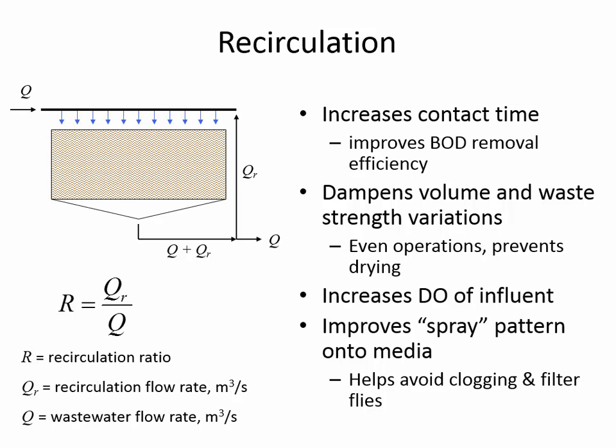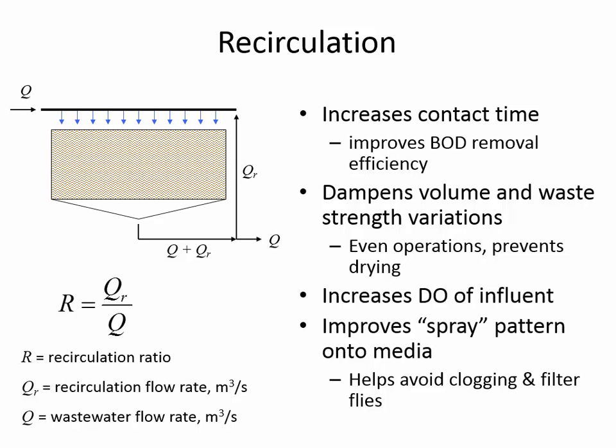And recirculation also improves the DO, because putting a very thin layer of water over the media improves oxygen transfer. And that's one of the reasons why it's so energy efficient. Remember the blowers that are used to try and put air through a diffuser and aerate in activated sludge?